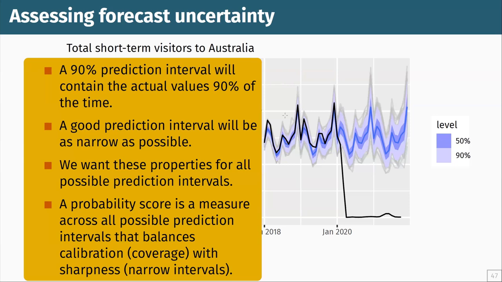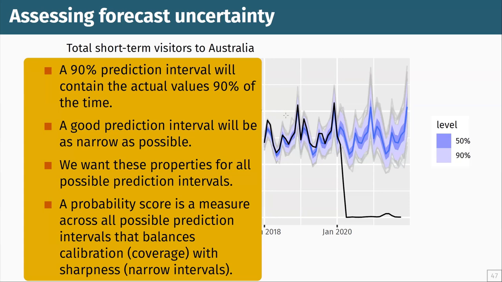And you don't just want to do it for 90% intervals. We want to do this for all possible intervals, not just 50 and 90, but every possible interval you can imagine. You want these properties. It has to contain the right proportion, and it has to be as narrow as possible. And so there's this whole area of statistics called probability scoring methods, which measure across all possible prediction intervals and balance the calibration, that is, it has the correct coverage, and the sharpness, that is, it is as narrow as possible.